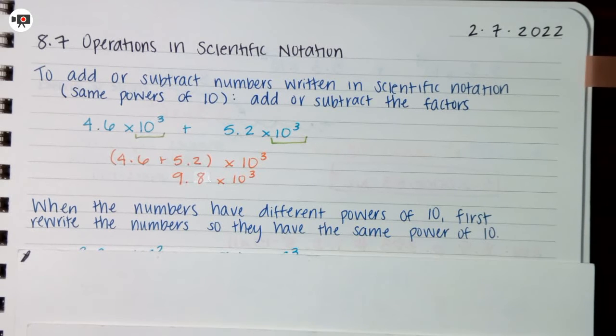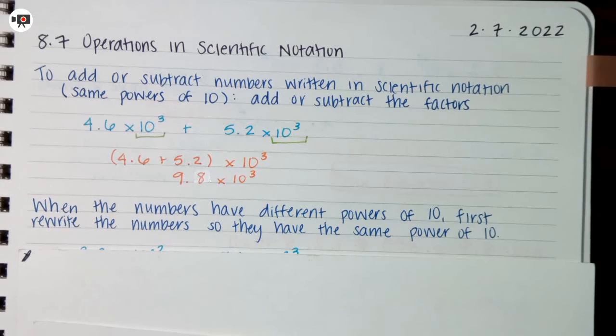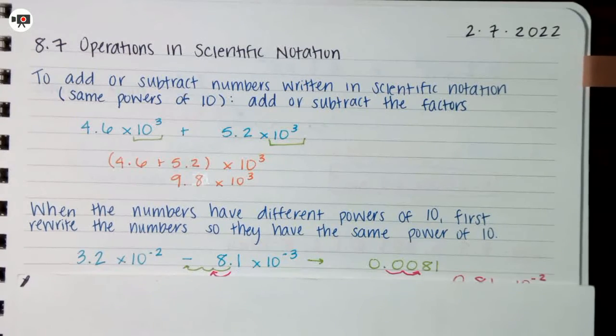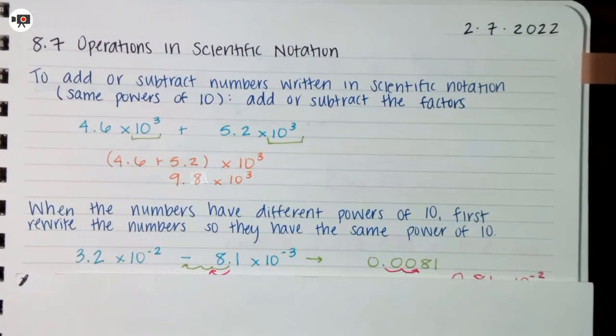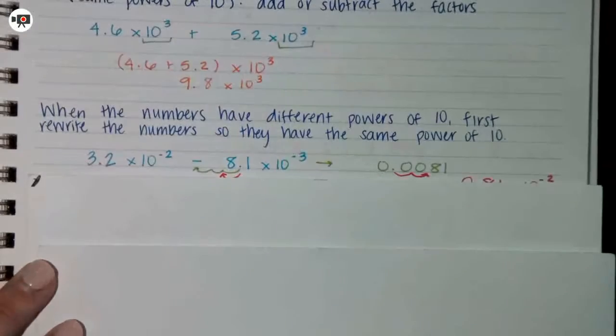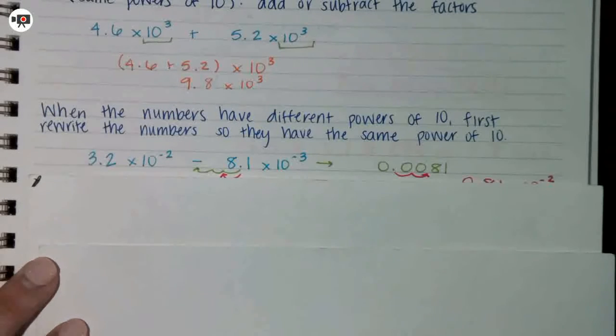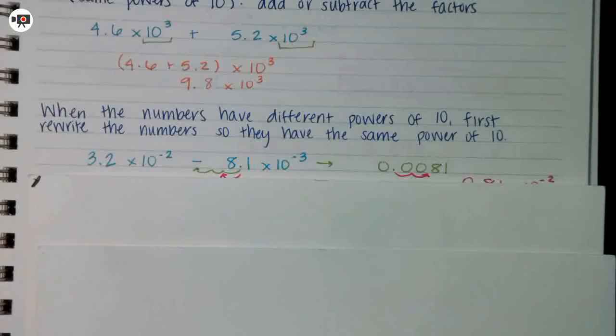When numbers have different powers of 10, rewrite them so they have the same power of 10. So here I have 3.2 times 10 to the negative 2 minus 8.1 times 10 to the negative 3.